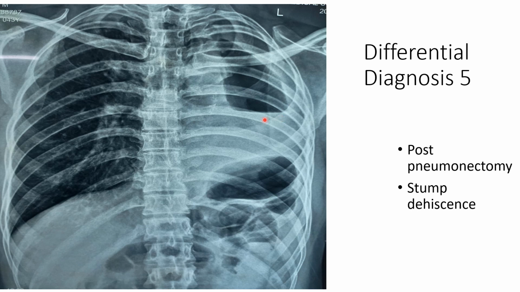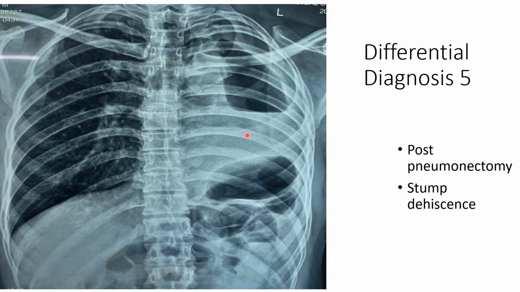Sometimes the stump has to be closed using bronchoscopic techniques so that there is no further air leak from it. Otherwise, air will leak from here, and this fluid can go through this, and it will cause severe bouts of cough and infection. And in a post-pneumonectomy patient, infection is a dangerous thing.